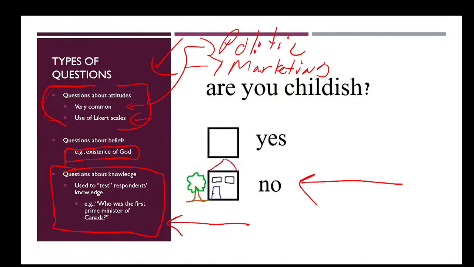Sometimes you could ask, like, are you aware of X, to find out their level of understanding or awareness, to test particular knowledge. This example's throwing me off a little bit, because it's like, who was the first Prime Minister of Canada? That's a game show kind of question, like Trivial Pursuit, which is not a questionnaire. But you could test knowledge for various reasons if you're interested in some particular area that needs it.